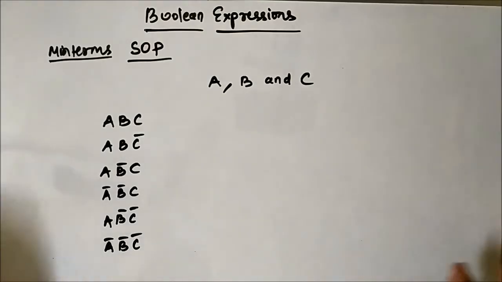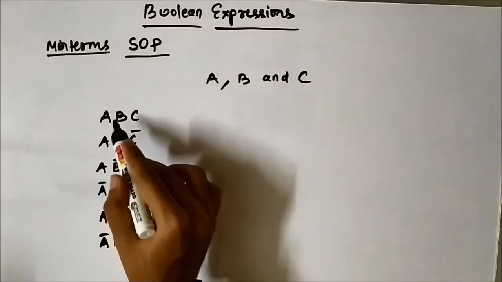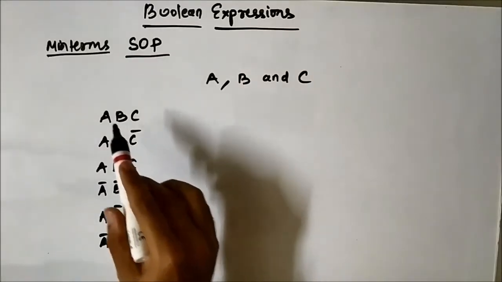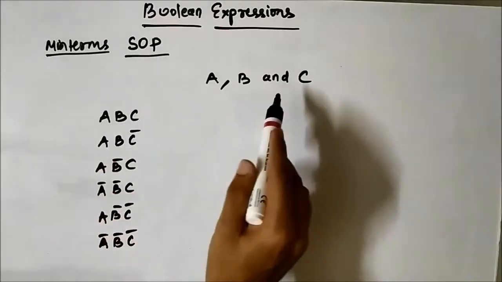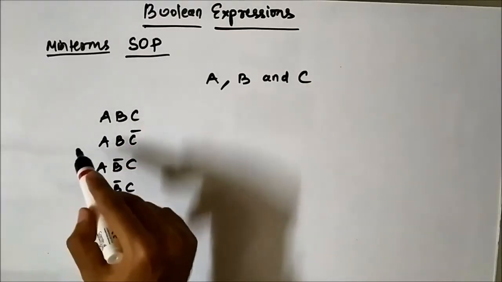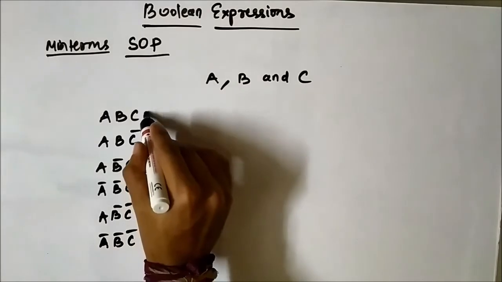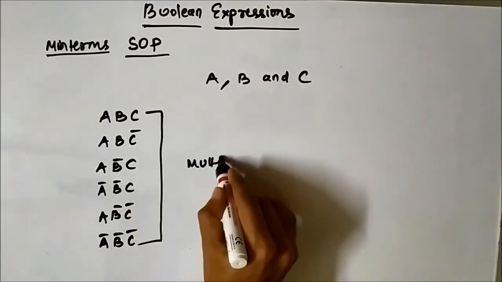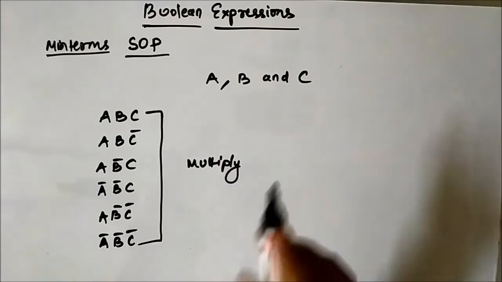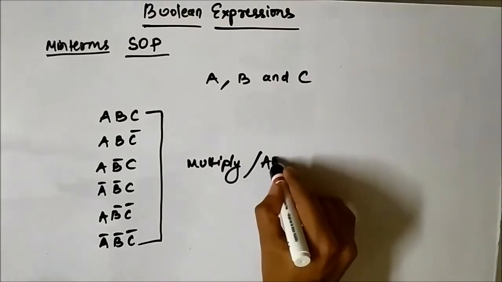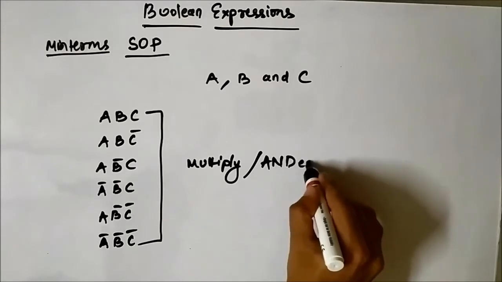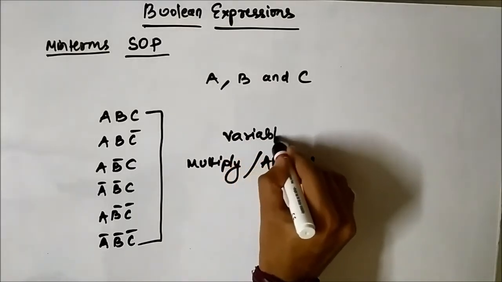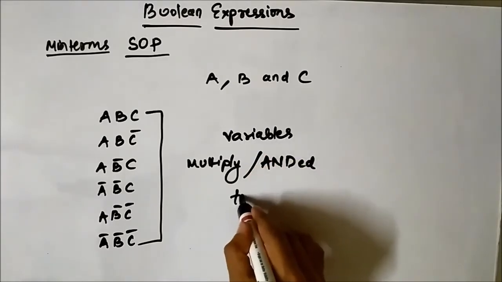Okay, in all of these terms, the variables that are involved are multiplied together, or as they say in digital logic, they are ANDed together.